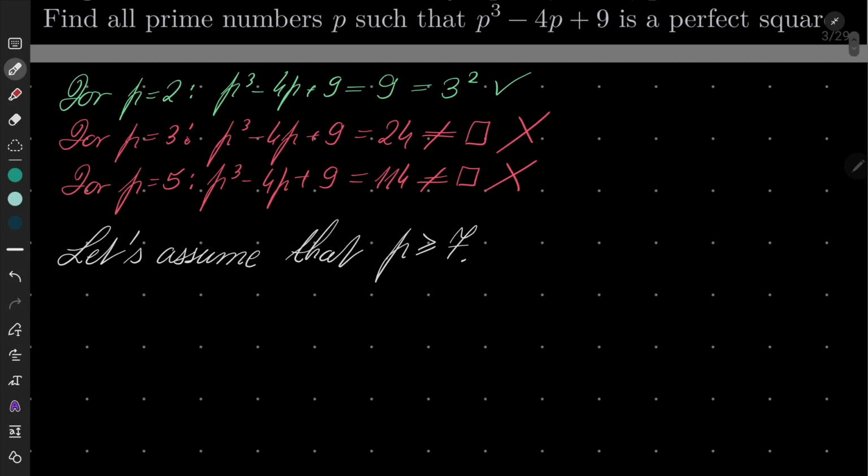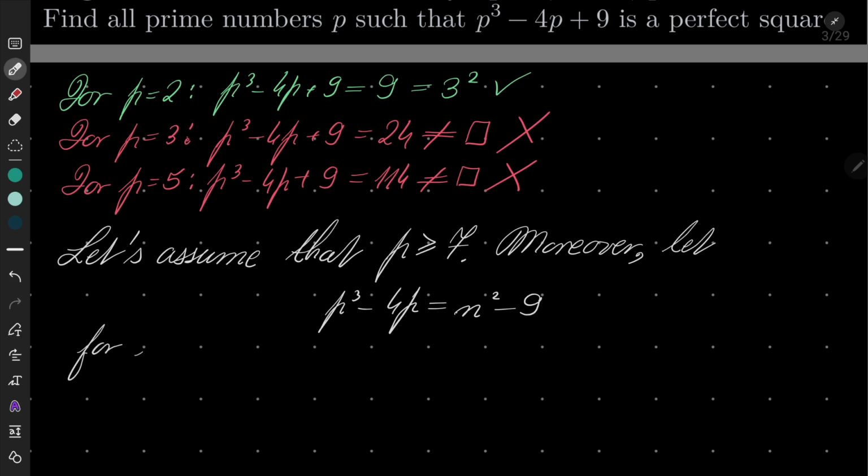And let's assume, moreover, let p cubed minus 4 times p plus 9 be equal to n squared, that is, p cubed minus 4p equals n squared minus 9 for some positive integer n. Okay.